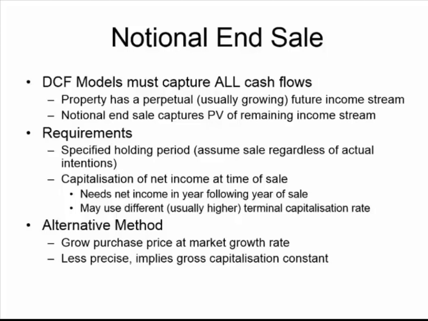And so we have to model 1 year past the revenues and expenses to get the net operating income for the year following the year of sale. Puts a little bit of a wrinkle into our models. By now you will have seen that demonstrated, but it's important to be aware of why it's important. Of course, that's all a bit more complicated than the simple approach of growing the purchase price following the property growth rate worked on the sale, the purchase price.